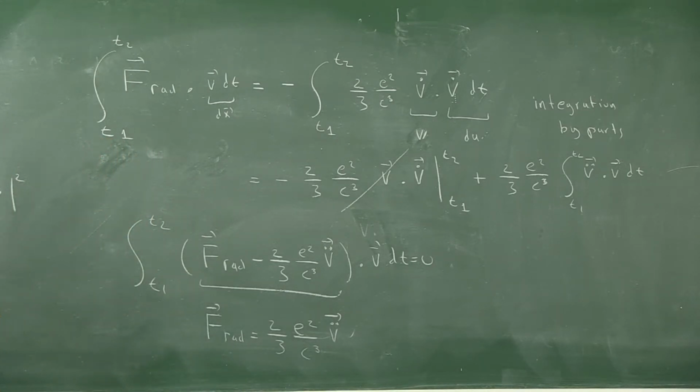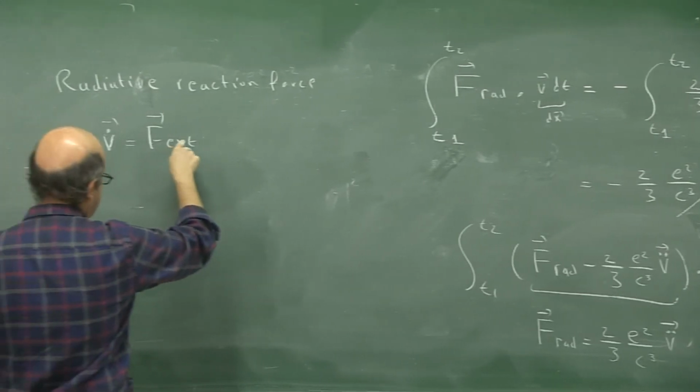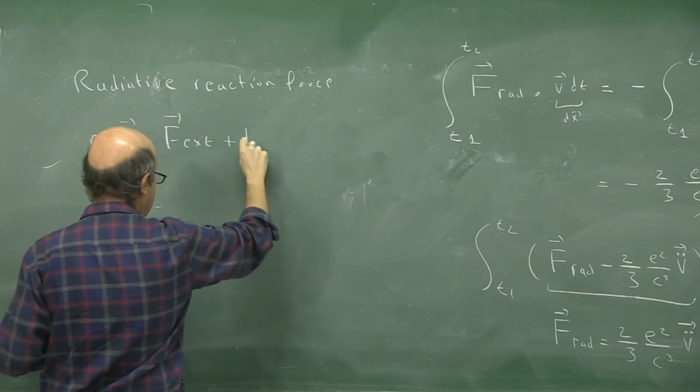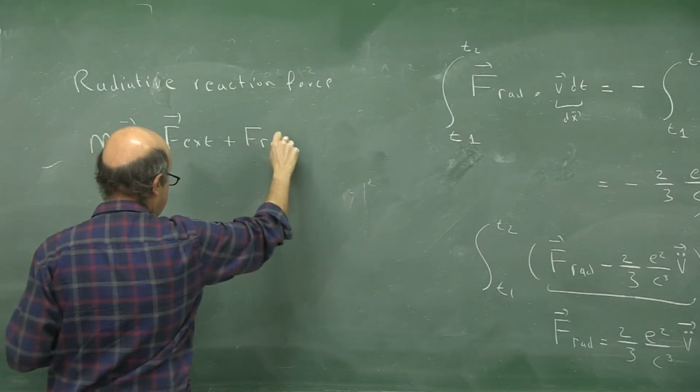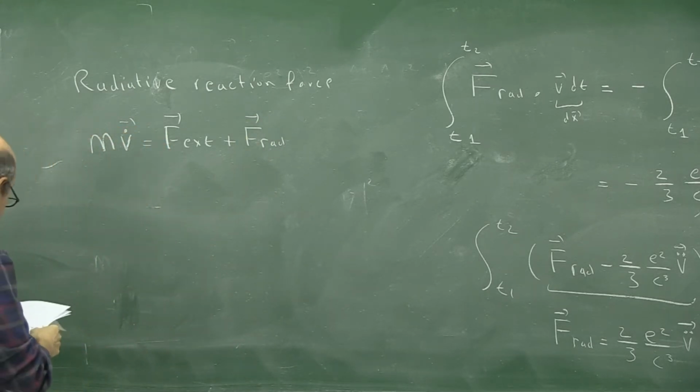So what does this formula tell us and how is it used? Basically, we have m times acceleration equal to the external force plus the radiation reaction force.